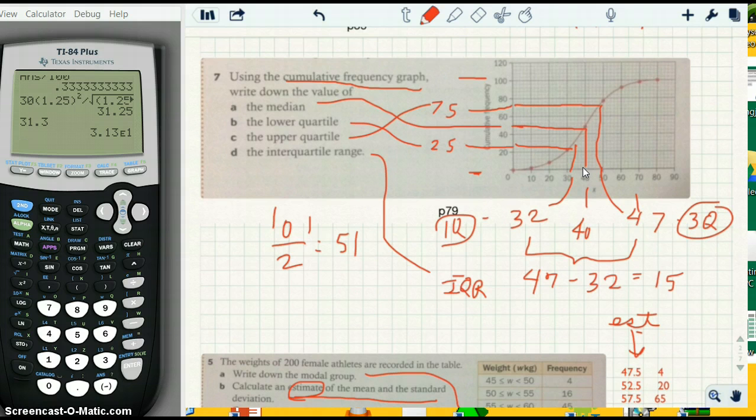Graphs are not that exact, so we can't really see the difference between 50 and 51, but it would be about 40. So you can see that we follow 50 from here to here, and then we go down, and we find the score that corresponds to the 50th or 51st person. The score is 40. Okay, so the median would be 40.